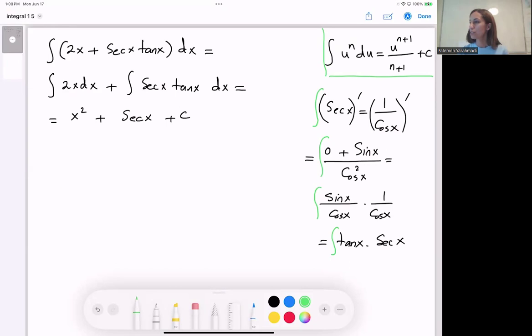Our next question, let us work on some absolute value problems.